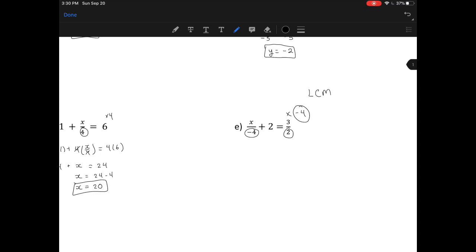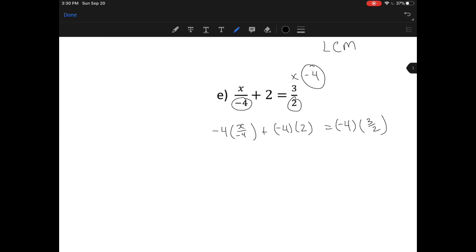So we have to choose the lowest common multiple of both numbers. As you see here, if I multiply everything by negative 4, then it says plus negative 4, I'm going to put brackets around it that time, times 2 equals negative 4 times 3/2.